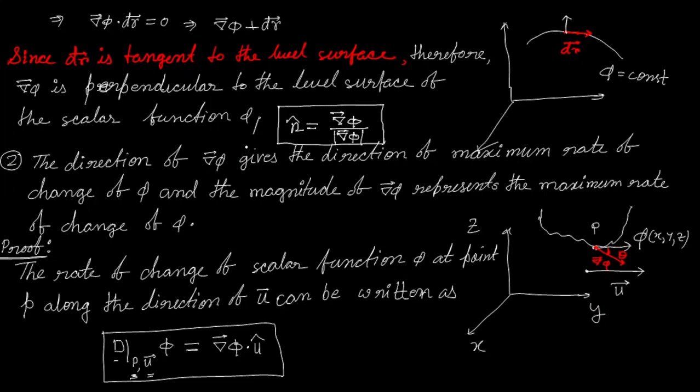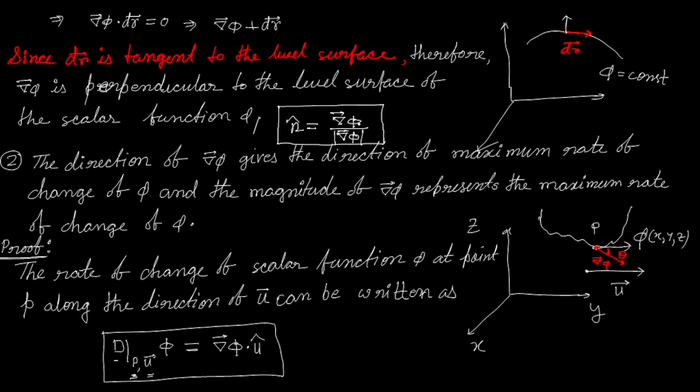Later we'll solve some problems where, let's say, we have an equipotential surface, and if we want to find the direction of the electric field, we'll see later that the electric field will always be perpendicular to the level surface of the potential.